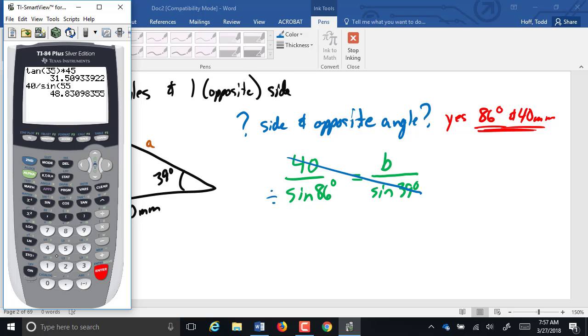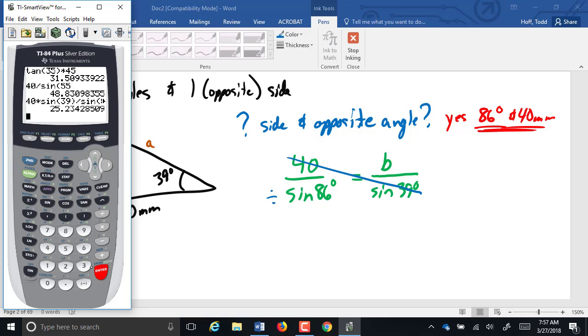On your calculator with this one, you have to be very careful. So 40 times the sine of 39. Make sure that if your calculator uses parentheses, you close those parentheses. You don't have to put degrees. The calculator assumes degrees. Divided by the sine of 86.